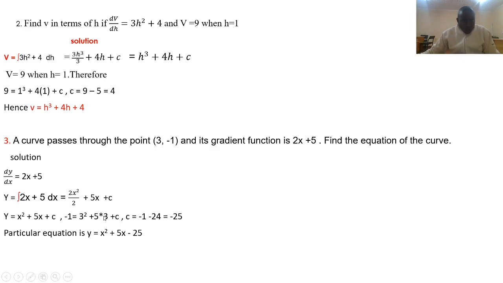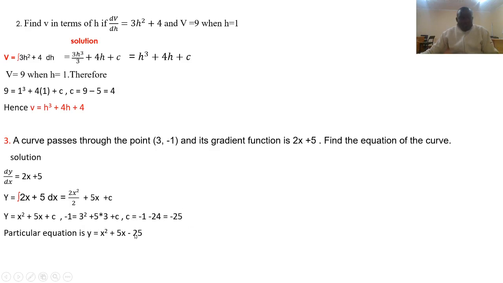So 24 plus c, we remain with c here. If I bring 24 to the other side, it will be -1 minus 24 equals c. So c equals -1 minus 24, which is equal to -25.